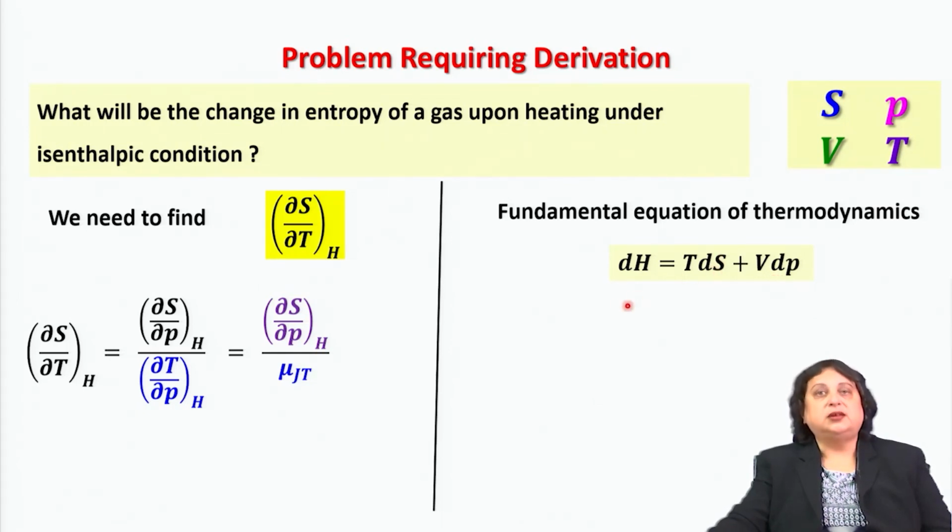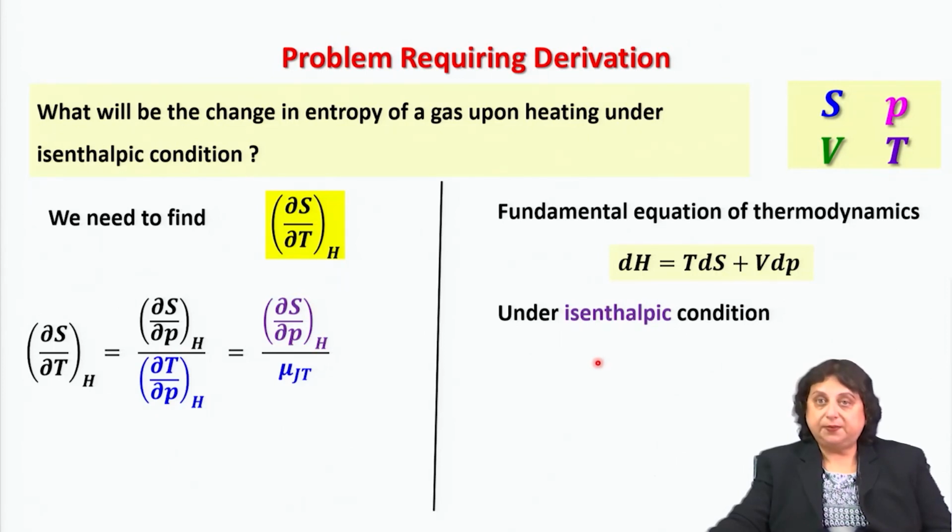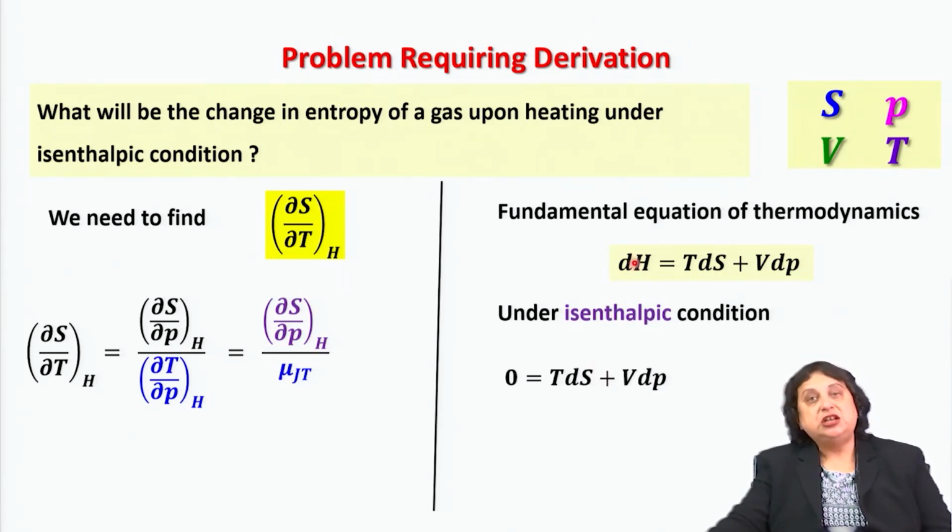So, from here, if I say that I am going to use an isenthalpic condition, in that case I will put dH equal to 0. So, I must be having this equal to TdS plus VdP. Therefore, under isenthalpic condition, I must be having TdS equal to minus VdP.